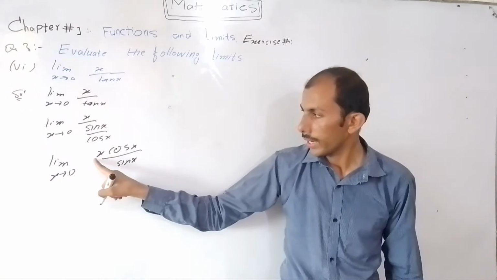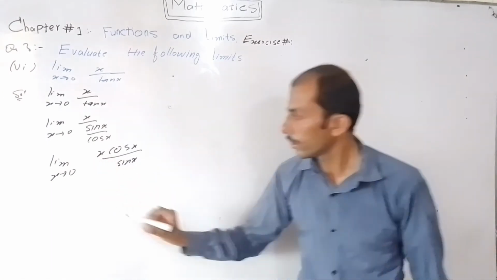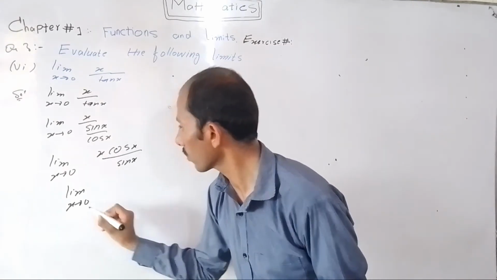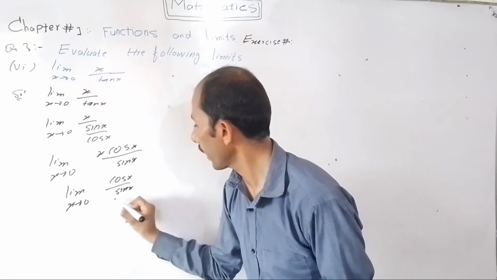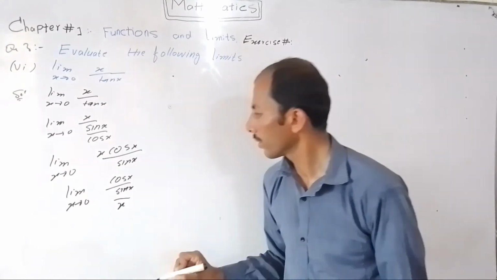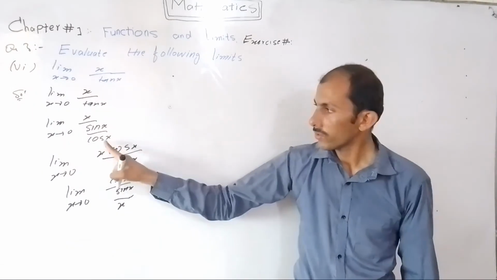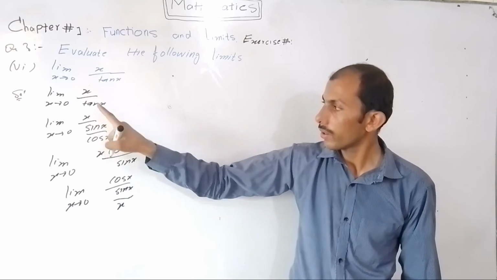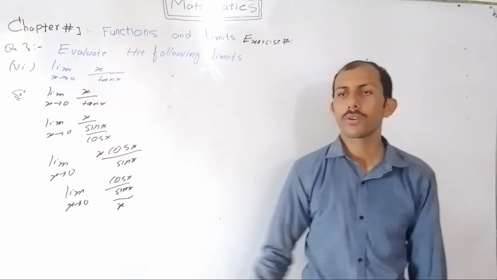So x can be taken in the denominator form: limit x approaches 0, cos x divided by sin x all divided by x. Since cos x is taken in the numerator, x can be written in the denominator form.